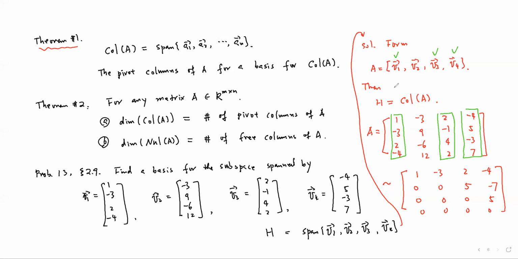So I can drop V2 from the spanning list to get a smaller spanning set. These 3 vectors form a basis of the subspace H. Use theorem number 1 to solve this problem.